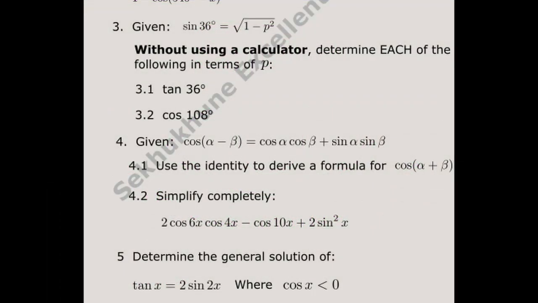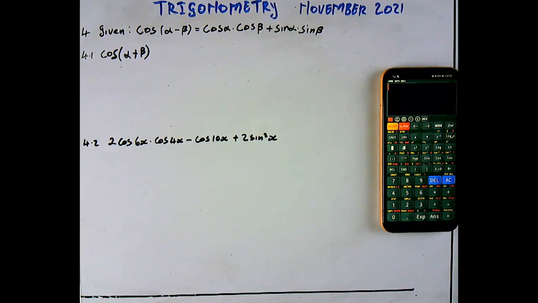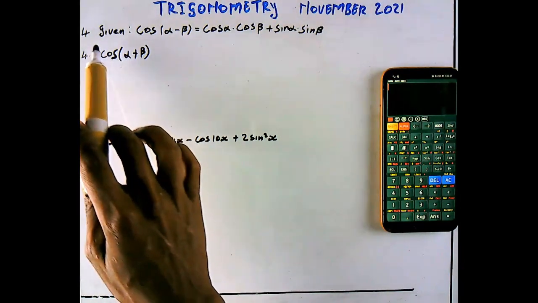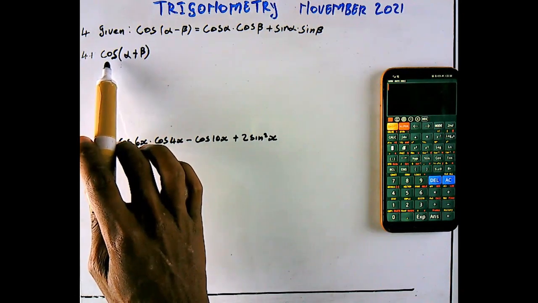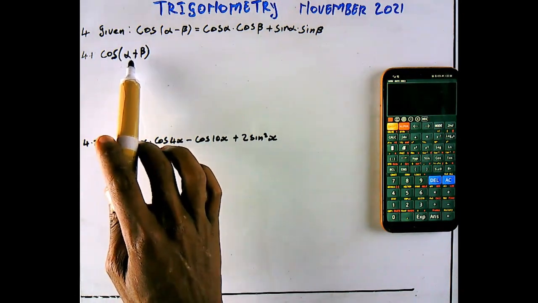And now we are on number 4. Number 4 is: given cos alpha minus beta equals cos alpha times cos beta plus sin alpha times sin beta, use the identity above to derive a formula for cos alpha plus beta.